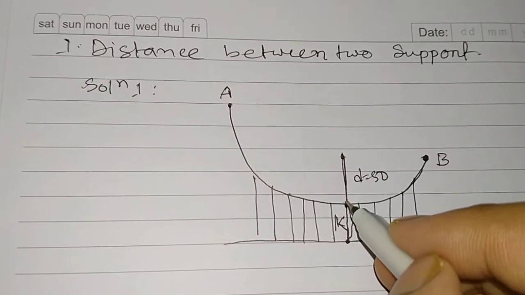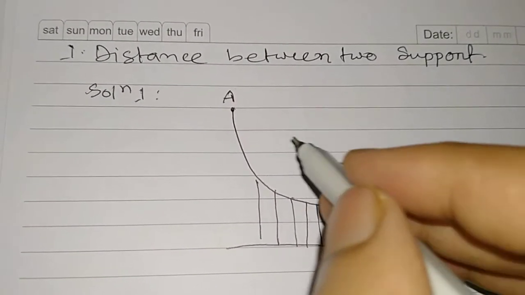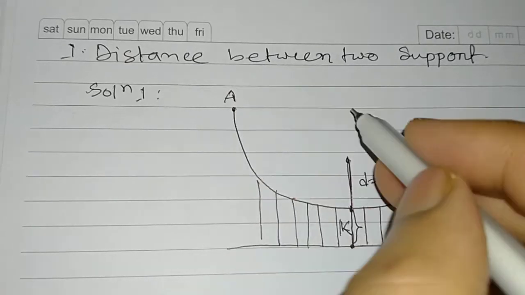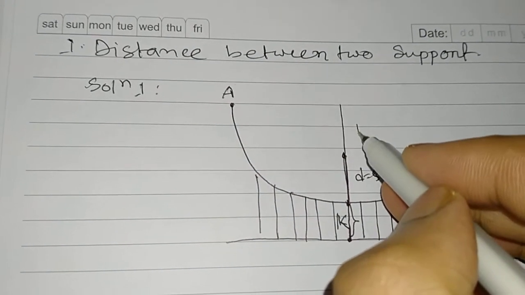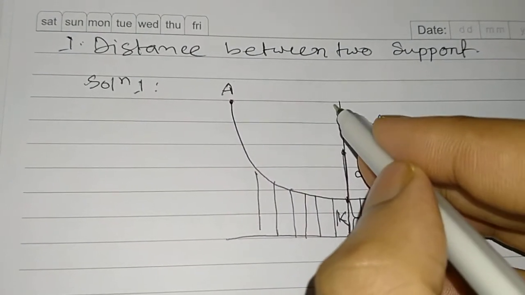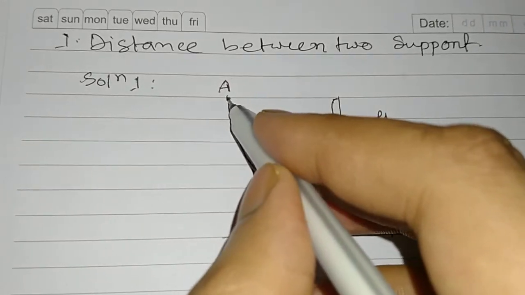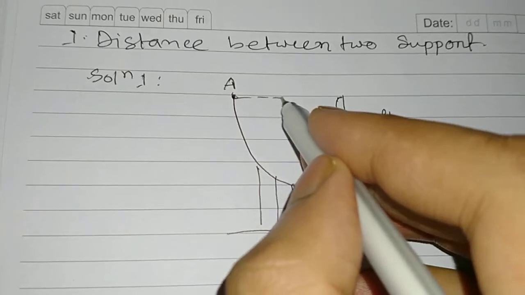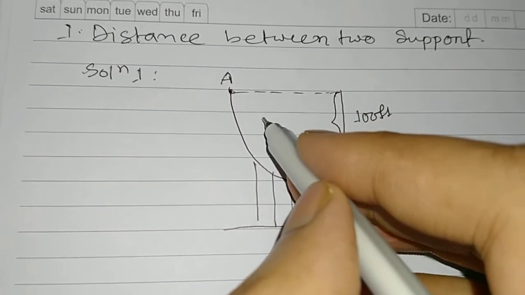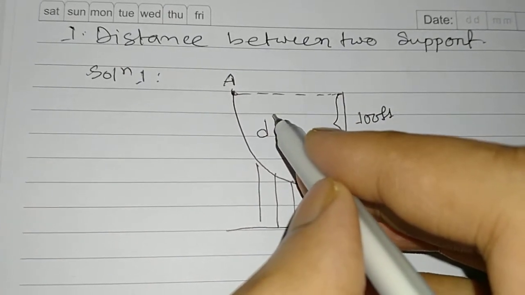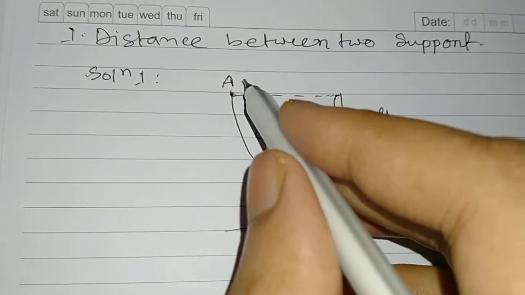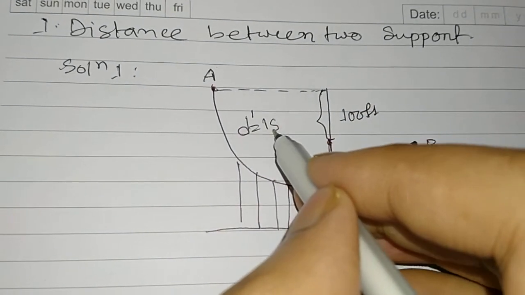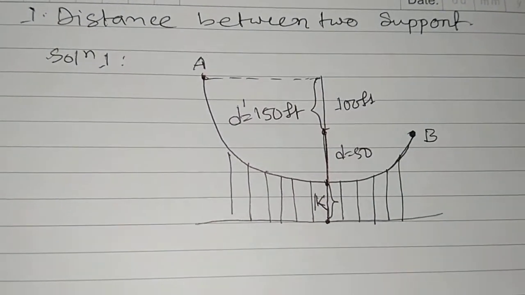It's the sag for the lower support, and the upper support is 100 feet higher than the lower support, and that is why the sag D prime for the higher support is equal to 150 feet.